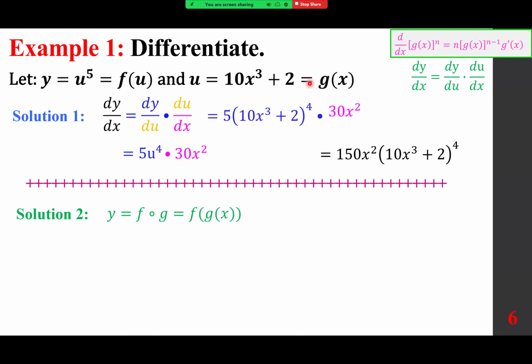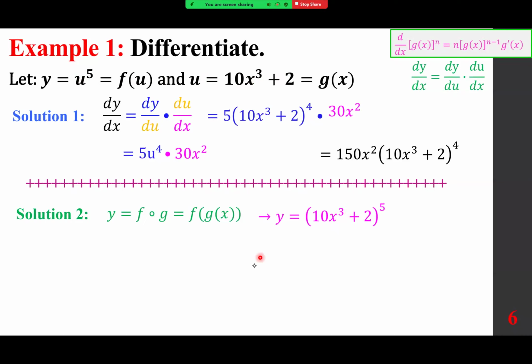This is simple enough that we can easily find their composite function, f of g or f of g of x. So f of g of x means replace the u with 10x cubed plus 2 and raise it to the power of 5. And to differentiate this, we are going to go to the extended power rule. If it helps, you can even call this g and do the math.